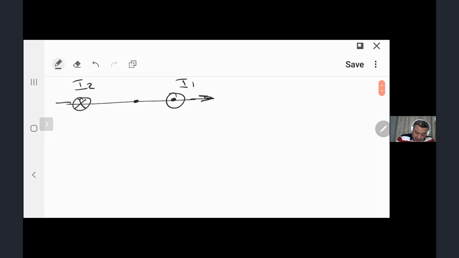At any point in between, the magnetic field due to I1 will be B1. Notice the right-hand rule, try the right-hand rule. However, for the magnetic field coming from I2, if you follow the same right-hand rule, you will notice that the magnetic field is also in the same direction. Why? Because the currents are opposite. It's always going to result in a constructive field. They will always add in between. So this is the point that this problem is built upon.